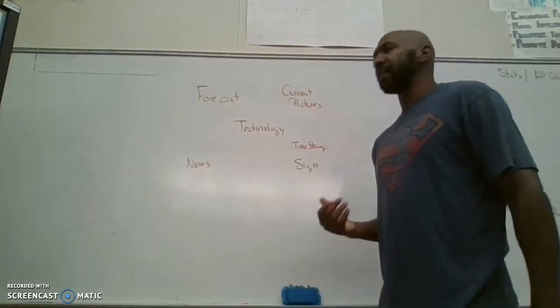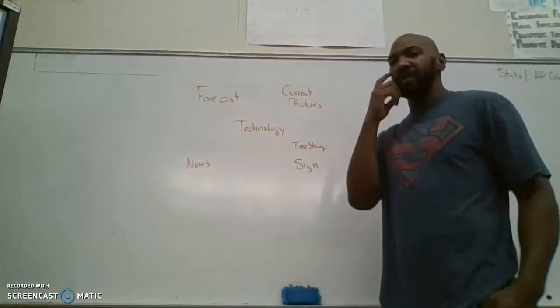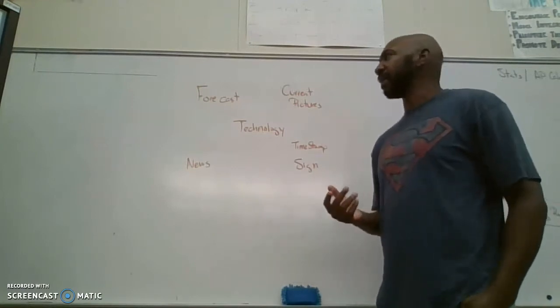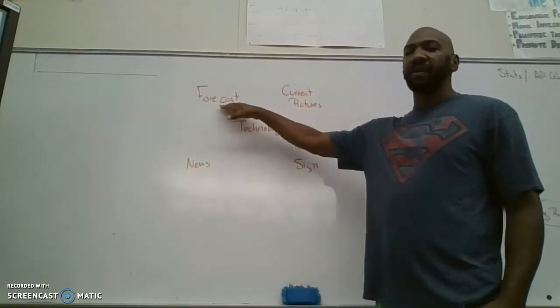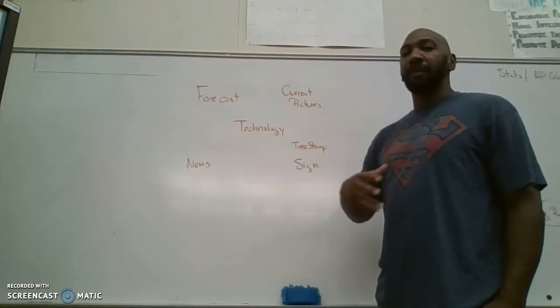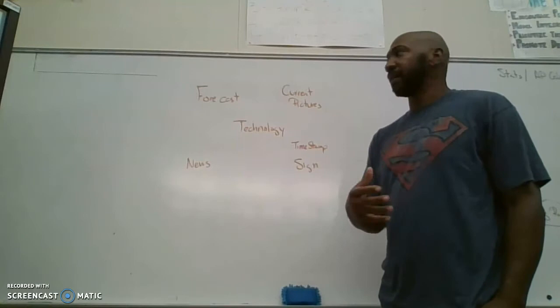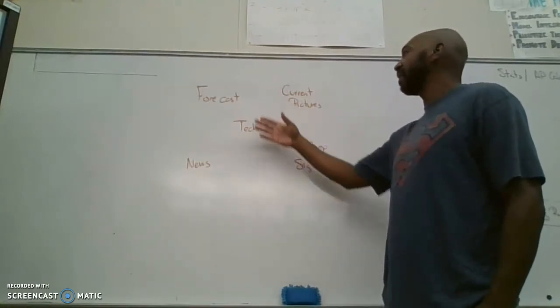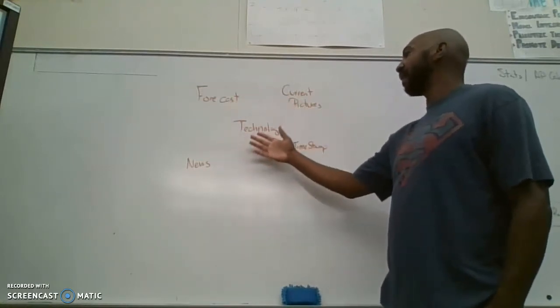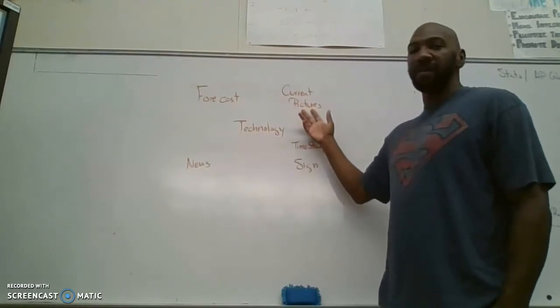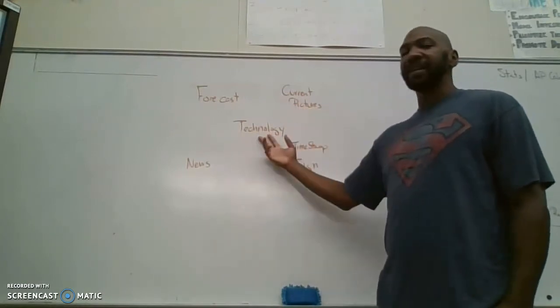And now you can get current pictures. And what you looked at when you saw that weather report, they gave you what they called the forecast. And then they looked at what was going to happen that day in terms of the air quality. In terms of the air quality, they gave you current pictures. They used technology.